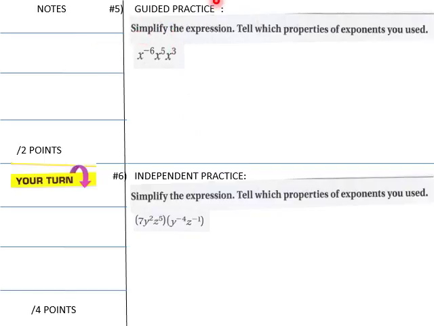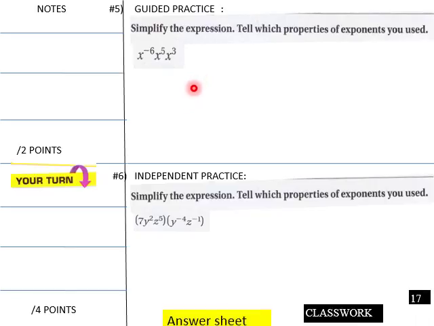Now we have a guided practice here. Simplify the expression, tell which properties of exponents to use. This is you, students. Simplify, tell which properties of exponents to use if you really want to score well on that. And I'll guide you through this one here.